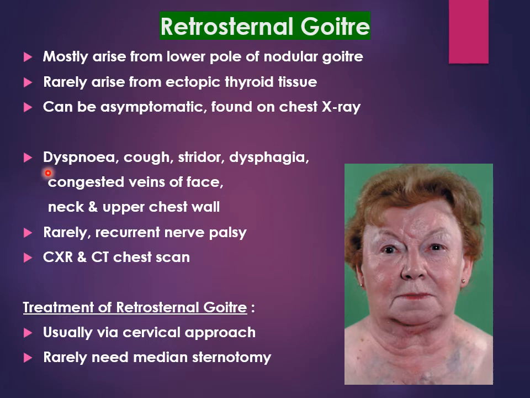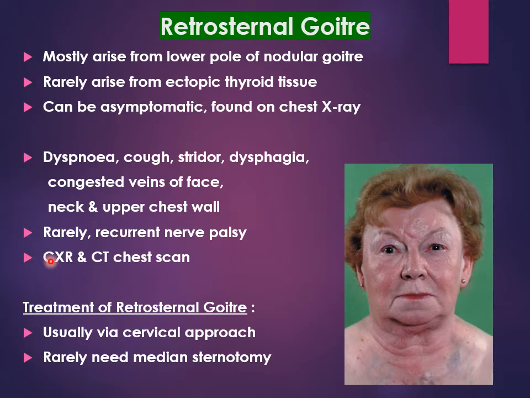Common symptoms will be dyspnea, cough, stridor, dysphagia, congestion of the veins if there is obstruction of the thoracic inlet, especially over the neck and the upper chest wall. Rarely it causes recurrent laryngeal nerve injury.